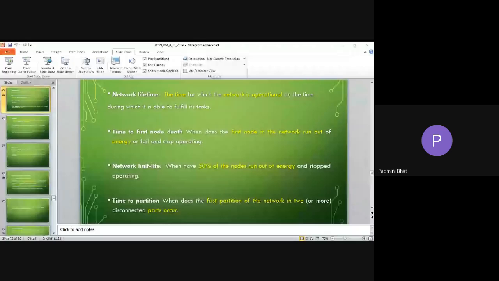Later you can Google, but as far as I know, the 2.4 gigahertz band is there, and any of the applications run in that only. That is actually free, used for your small projects. Your hotspot also comes in that only, so that is what you have to use.